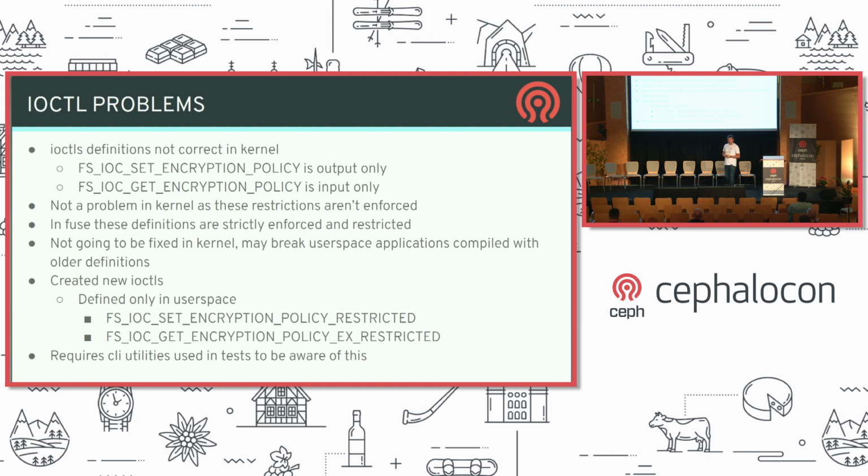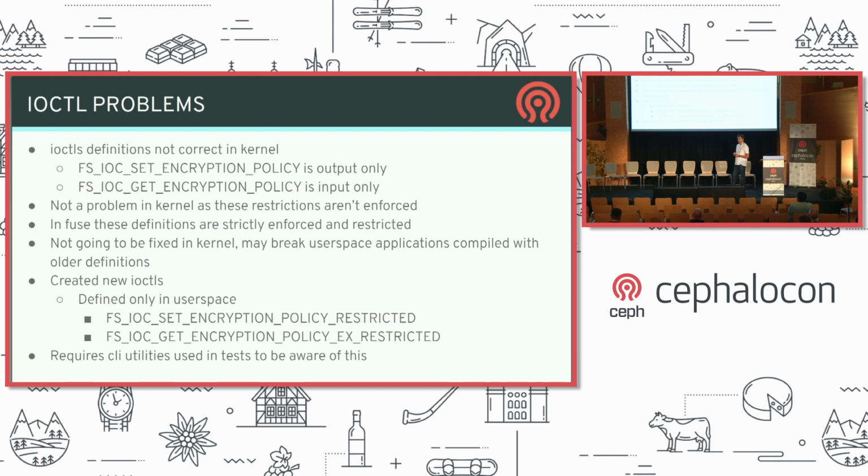Inferring from a discussion on the mailing list in the kernel, my interpretation was that it wouldn't be fixed or changed because there could be various versioning and user space things that compile with the older versions.